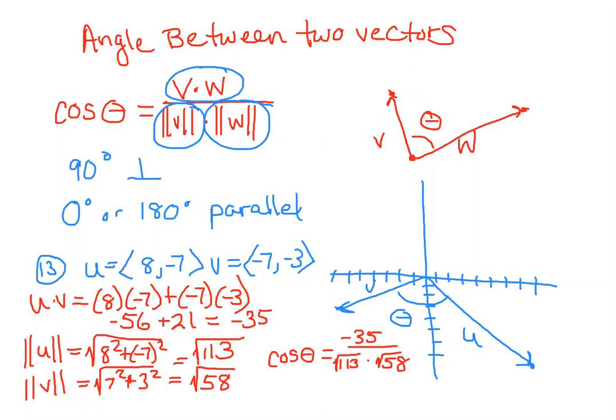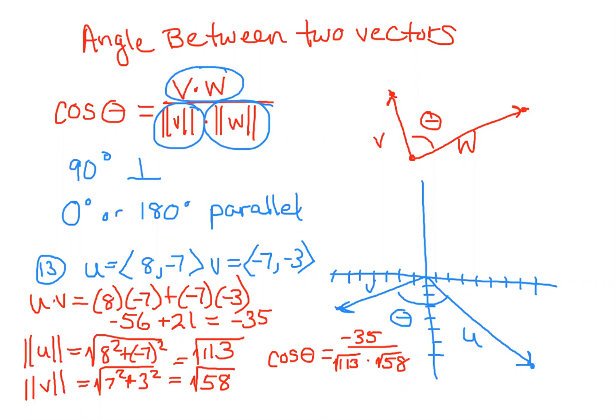Since you're looking for an angle, you're going to take the inverse cosine of -35 divided by the square root of 113 times the square root of 58. Make sure you put your parentheses if you need them. So -35 divided by the square root of 113 times 58.